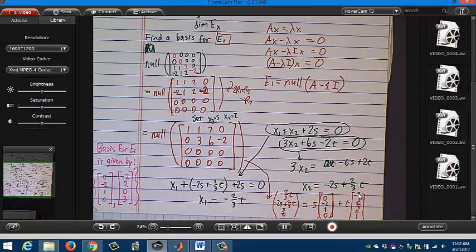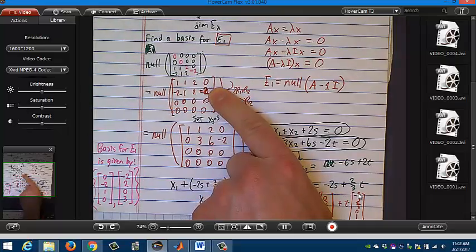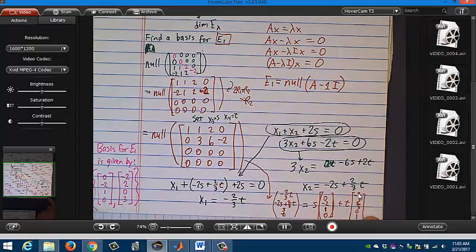Well, so that's interesting, right? The book gave a different basis for the same subspace. Now why? They may have solved the system of equations differently. All I have to do, guys, is switch these two, and I'll have a different solution, and I'll come up with different basis vectors, right?